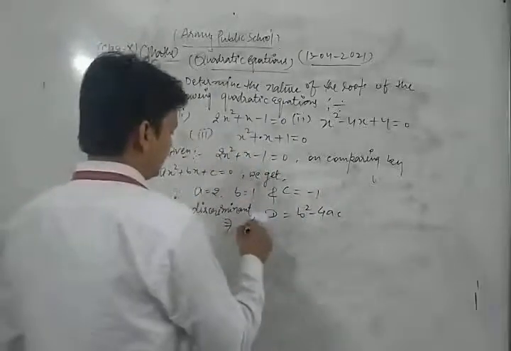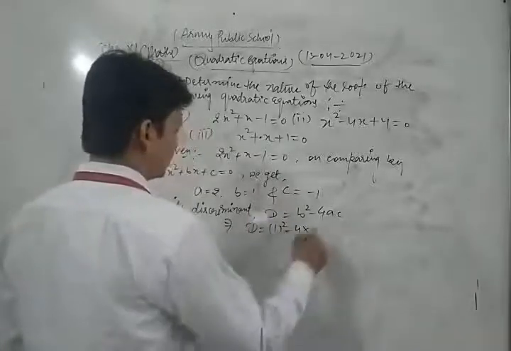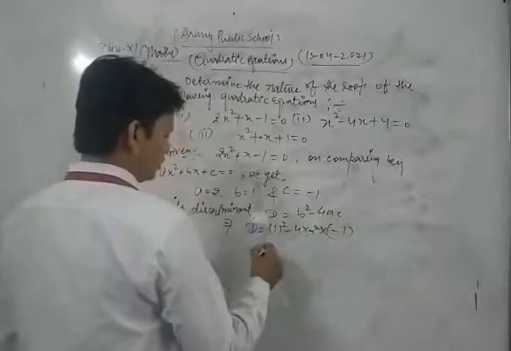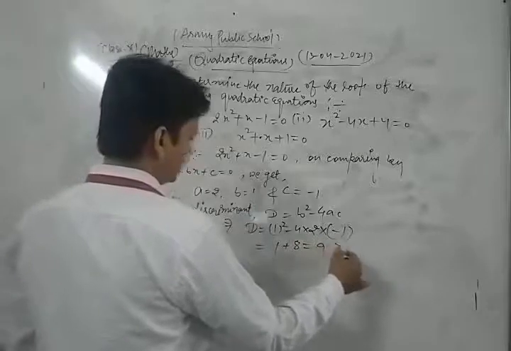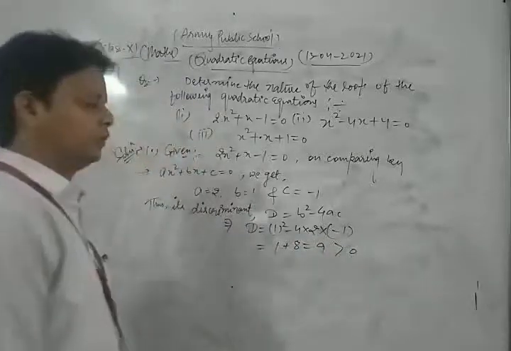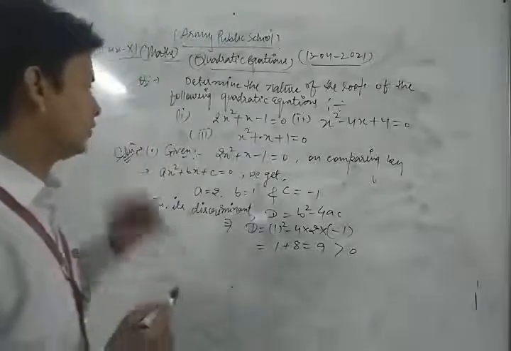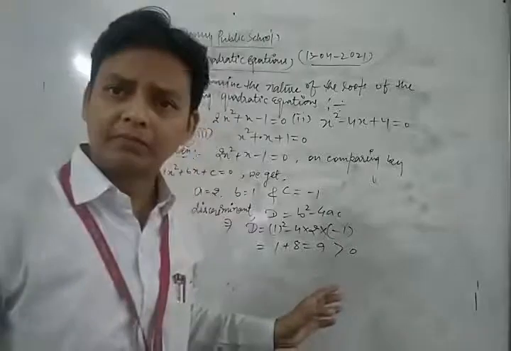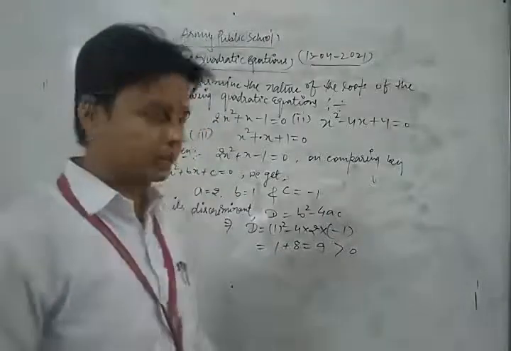That is, D is equal to b square, means 1 square, minus 4 into a, means 2, into c, means minus 1. Now 1 square is 1, minus minus plus 4 into 2 is 8, that is 9, which is greater than 0, positive. So in this way, dear friends, the value of D is 9, which is positive.